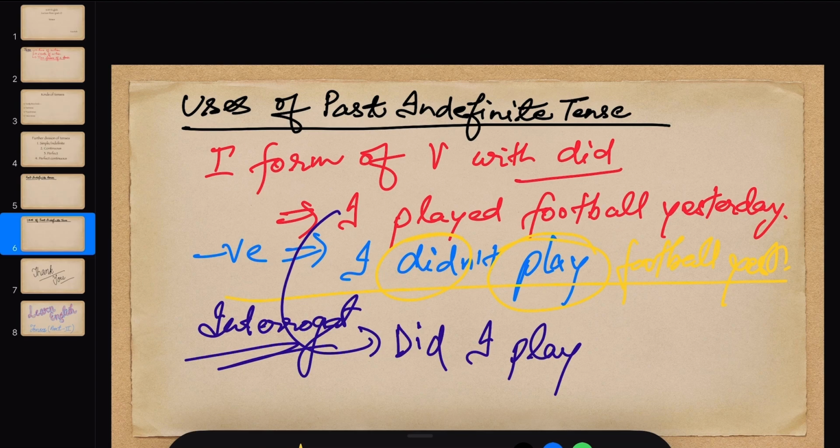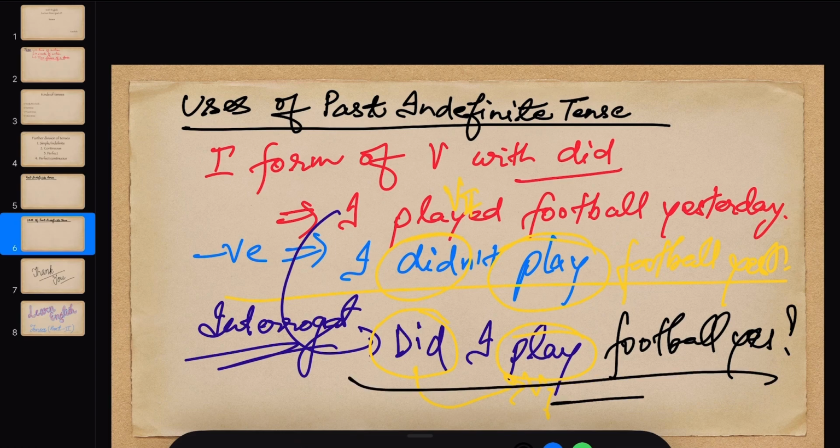I am again saying that keep an eye on did and play. With did we use first form, otherwise we use second form. So did I play football yesterday? This is our question form.